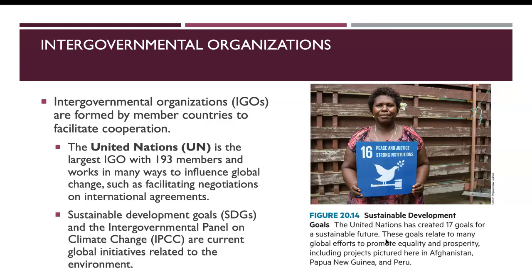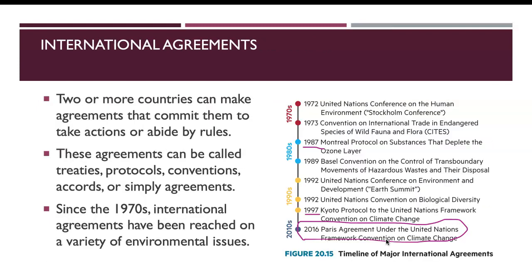The Sustainable Development Goals and the Intergovernmental Panel on Climate Change, IPCC, you better remember IPCC, and the United Nations are current global initiatives related to the environment. I'm going to leave the last part to the next portion of the lecture.